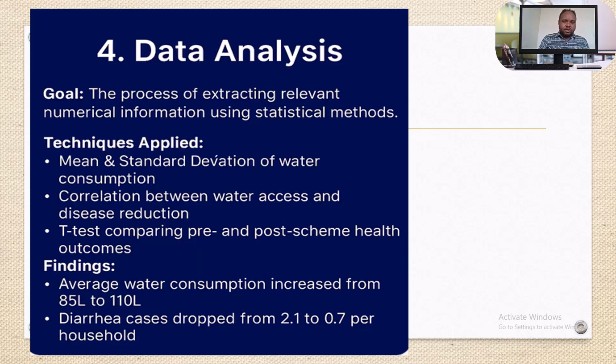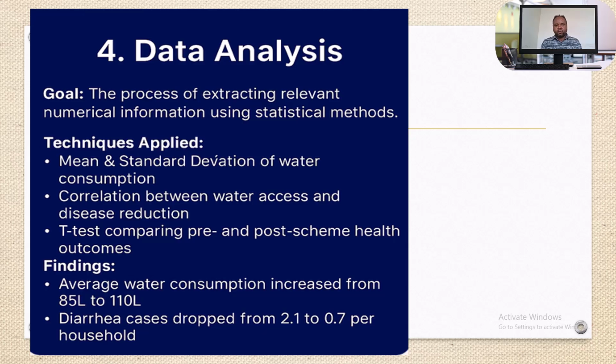So the fourth stage of our statistical investigation to solve the entitled topic of investigation is nothing but data analysis. Now at this stage, we extract relevant numerical information using statistical methods. So far we have covered data presentation, organization, and collection.